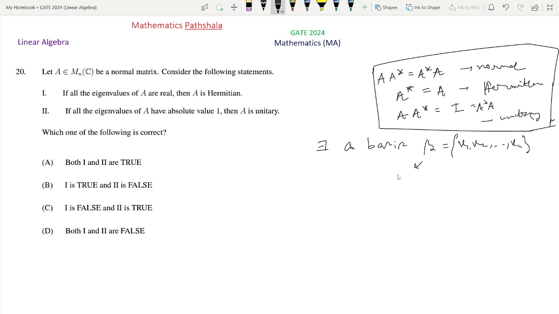So beta consists of eigenvectors of A. Now we are also given that all the eigenvalues of A are real.